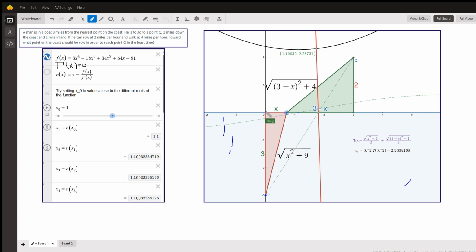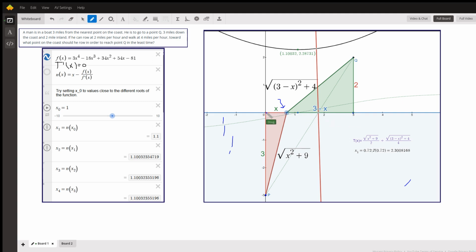First of all, if you notice these two right triangles, this is a hypotenuse for the red triangle. And we're assuming he's rowing to some point x between 0 and 3, right down here.